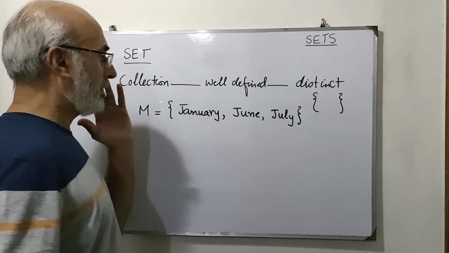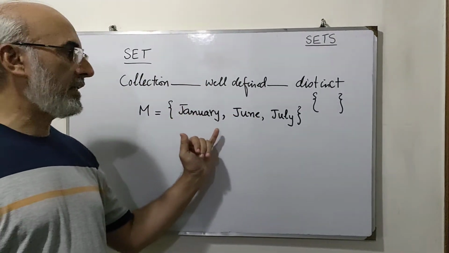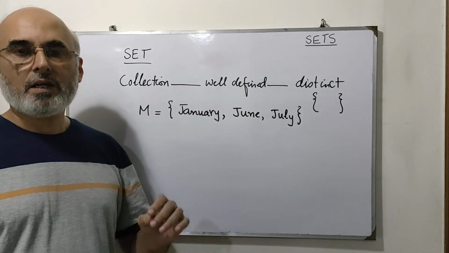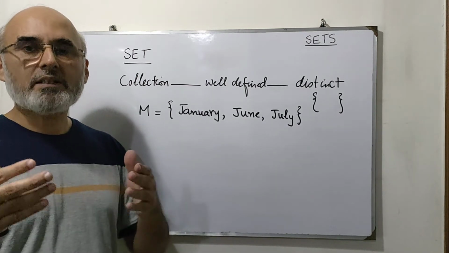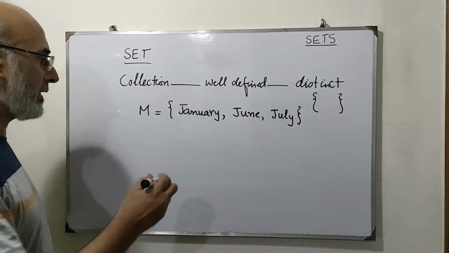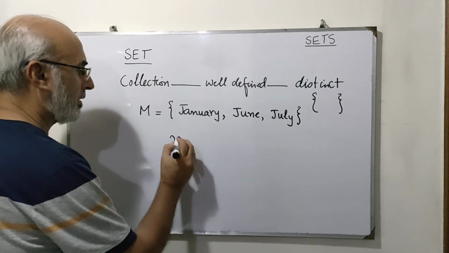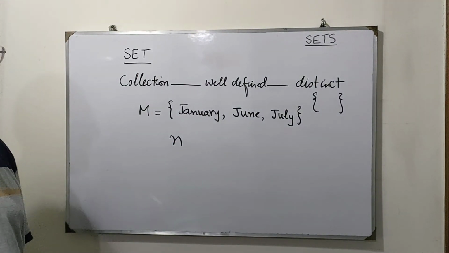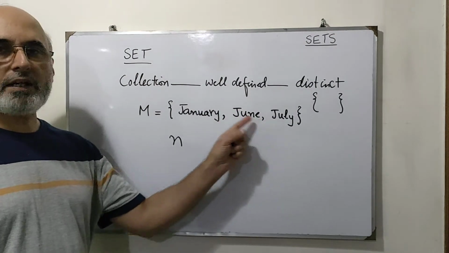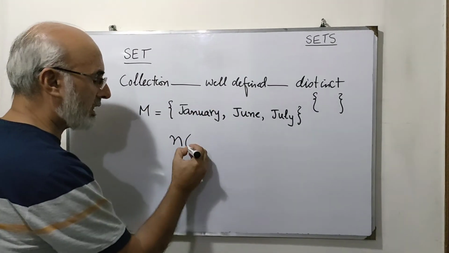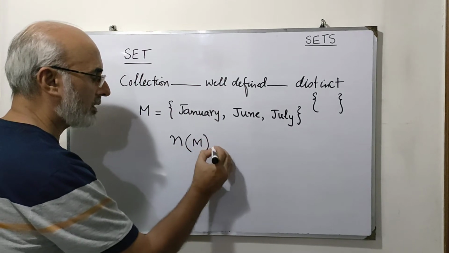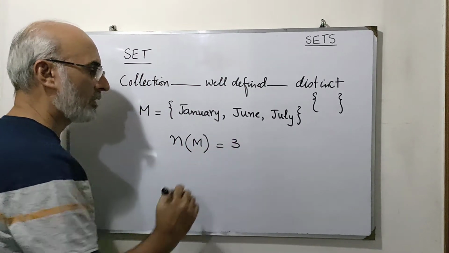Now, this set has 3 elements in it. The number of elements or objects within the set is represented by lowercase n. If we are going to talk about this set, I'm going to say n(M), the number of elements within the set M, equals 3.